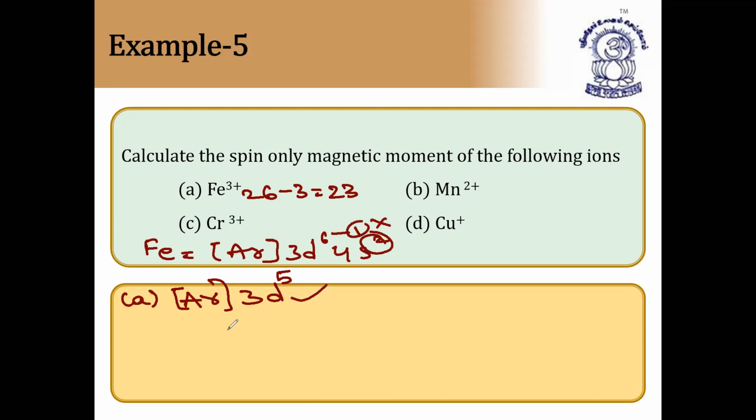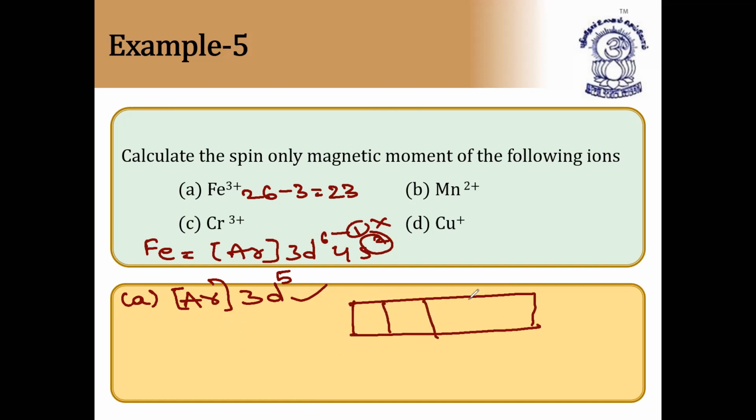Now, if you know the orbital diagram for 3d5, I'm drawing the orbital diagram for 3d5. Yes, this is the orbital diagram for 3d5.